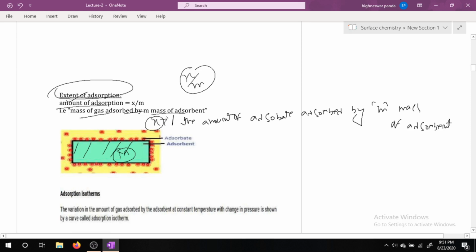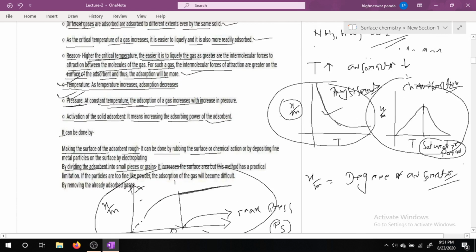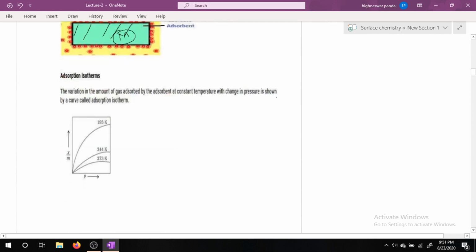So here x by m, where x is the amount of gas and m is the mass of the adsorbent.